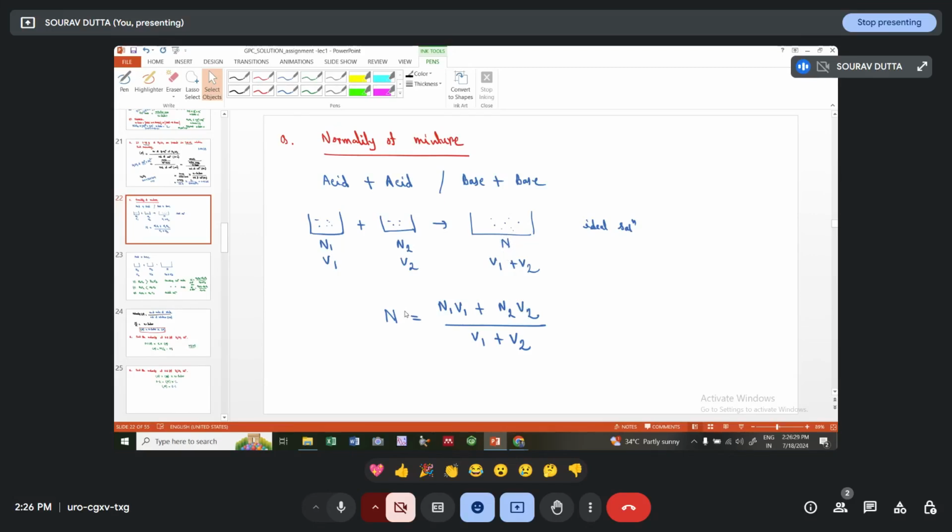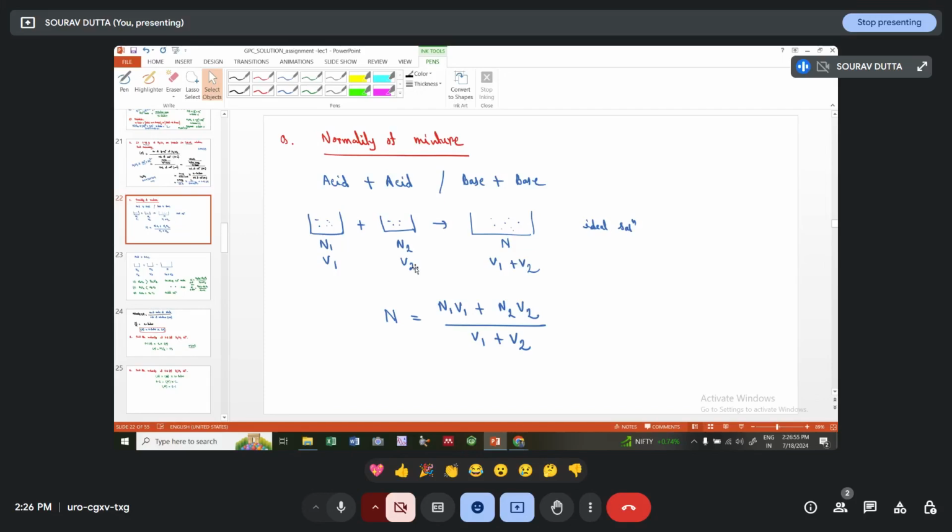Normality means, in this final solution, the number of gram equivalents divided by the volume of the solution. So the total volume of the solution is V1 plus V2, and gram equivalent, how can we calculate? Normality equals gram equivalent by volume. So gram equivalent equals normality into volume. So there are N1 into V1 for this portion, and N2 into V2 for this solution.